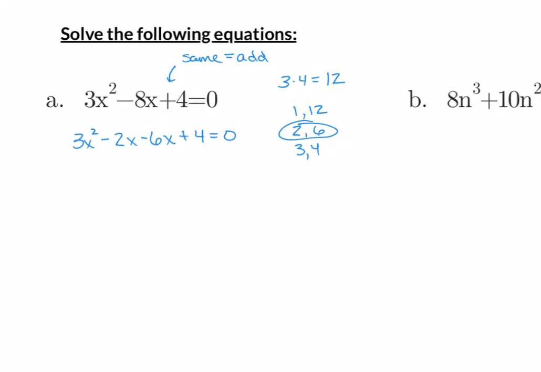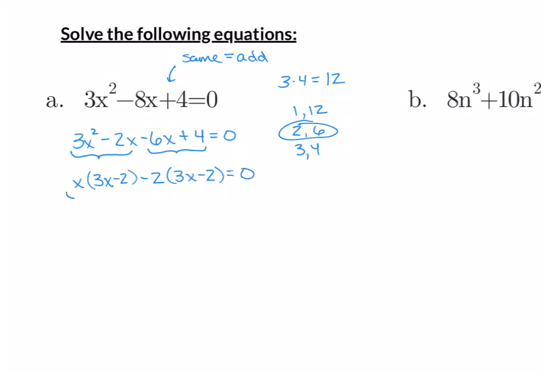From there, we can go ahead and factor. In the first set, we can factor out an x. I am left with 3x minus 2. In the second set, I can factor out a negative 2, and I am left with 3x minus 2. 4 divided by negative 2 is negative 2.